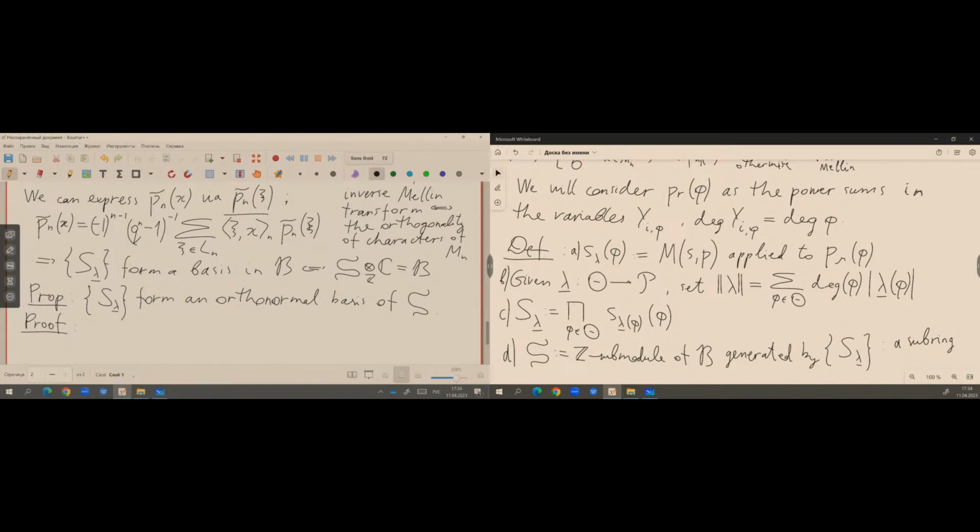Well, consider any element in B and write it in the basis of multi-Hall-Littlewood polynomials. And we define complex conjugation in these terms just by taking complex conjugates of the coefficients.